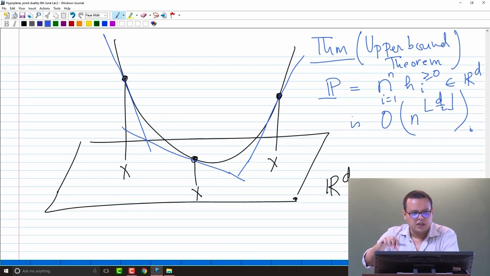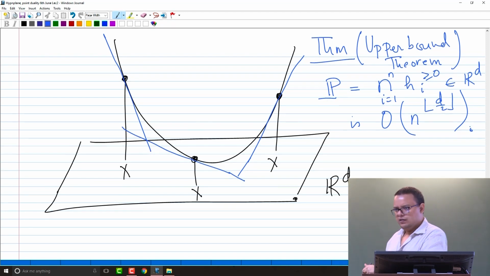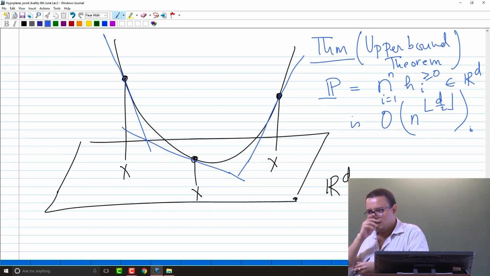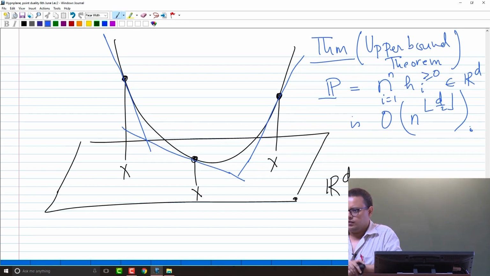We will see a proof in the tutorial today, but assume this as a black box for the time being. So if you have a polyhedron in R^d defined with n half-spaces, then its combinatorial complexity is this.